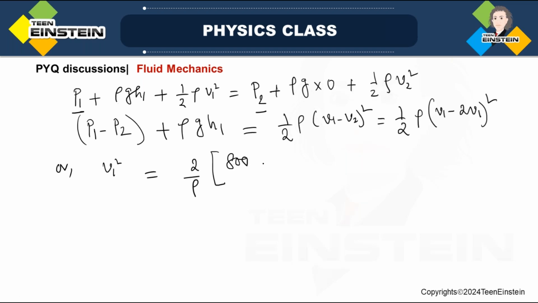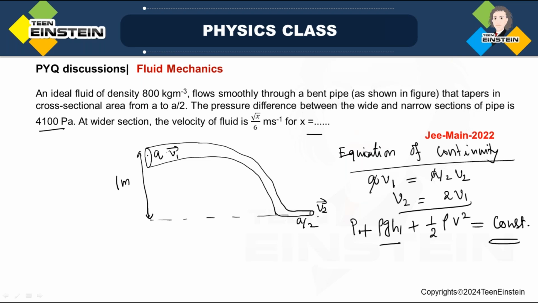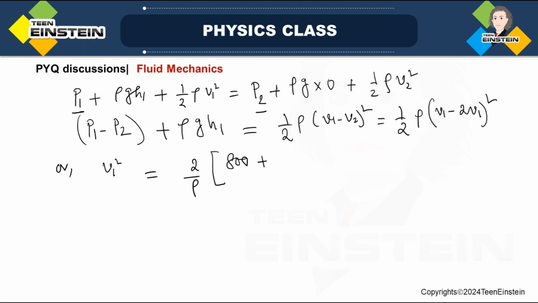Plus rho, the density of the fluid is not given anyway. Pressure difference is given. So let me cross check if we can somehow escape from the rho.